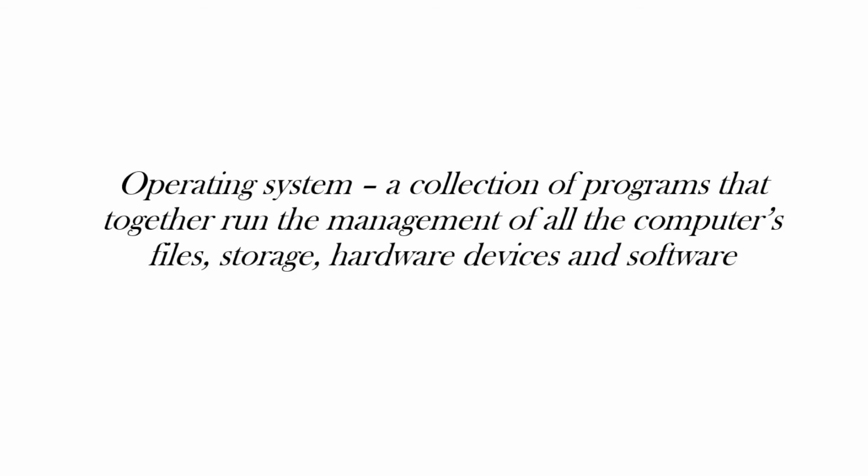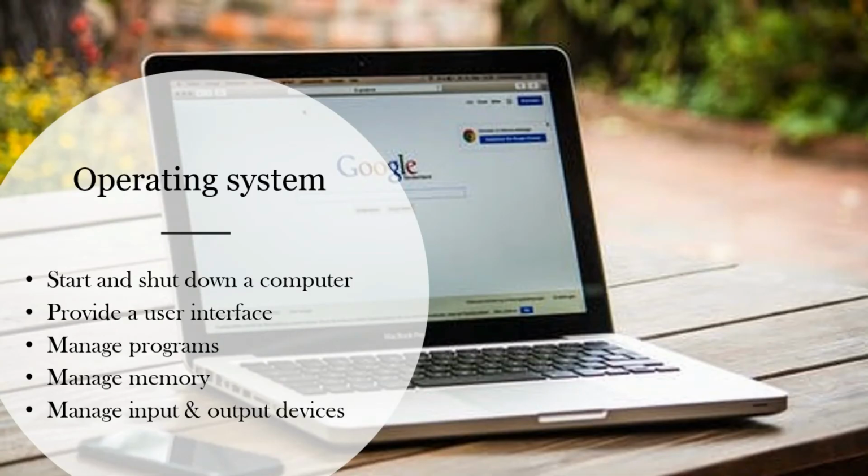So what do operating systems do? Well, an operating system is a collection of programs that together run the management of all computers' files, storage, hardware devices and software. So that includes starting and shutting down a computer, providing the user interface, the thing that you can see. Managing programs, we often want to use more than one program at the same time, so we can run different programs.